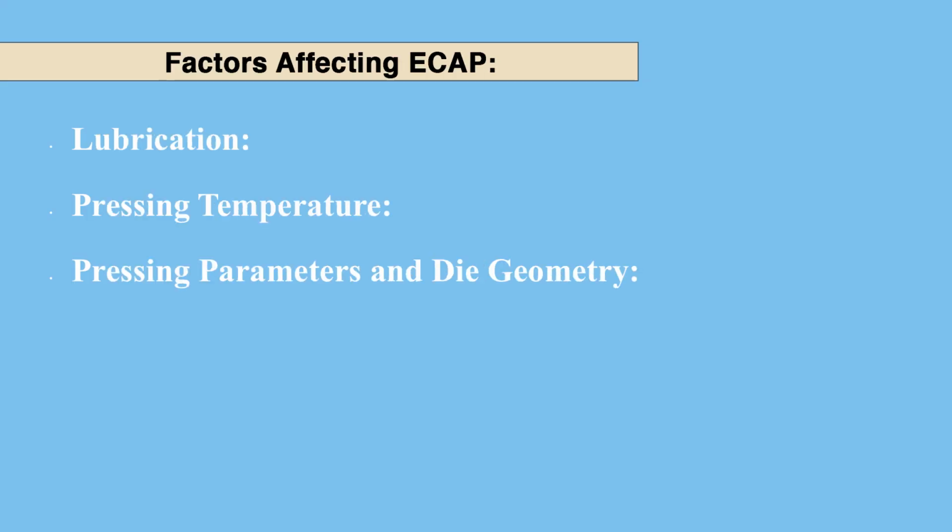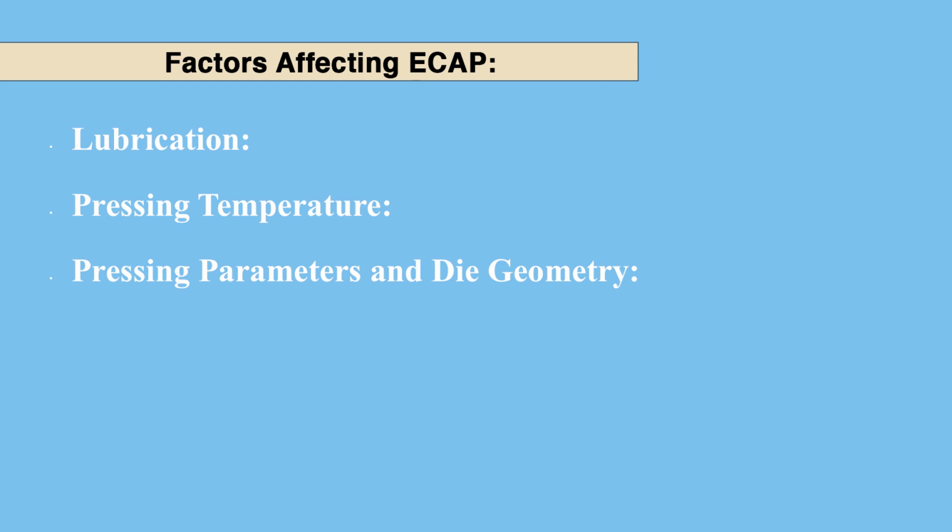What are the factors affecting it? First one is lubricant. Synthetic greases, particularly those based on molybdenum disulfide, are commonly used to reduce friction. Excess lubricant must be carefully managed, especially at high temperature, to avoid contamination.